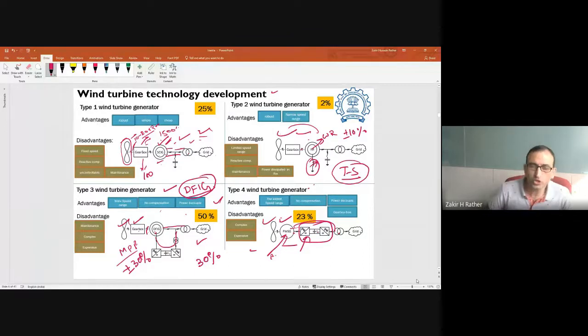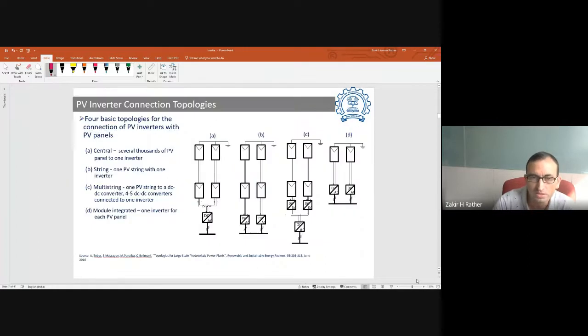But the issue here is that because of the control that you have in the system, this control will not allow change in the speed of the machine, and that does not allow inertial contribution to the grid. So therefore, these wind turbine generators inherently cannot provide inertia to the system. That was the message that I wanted to put across.